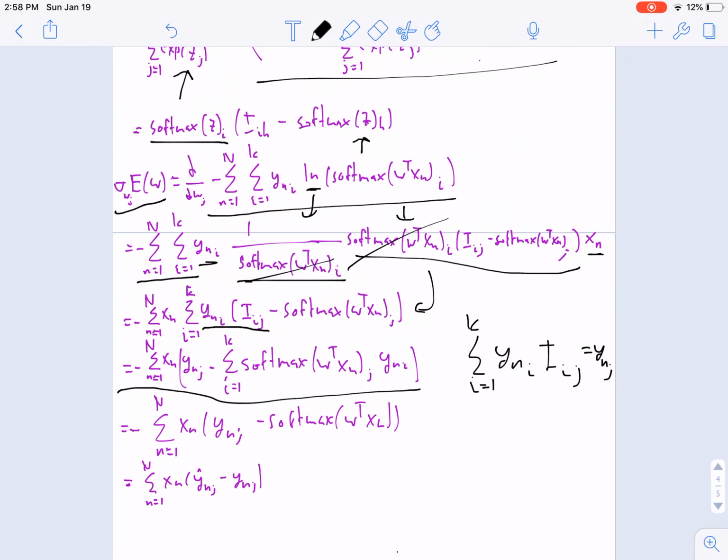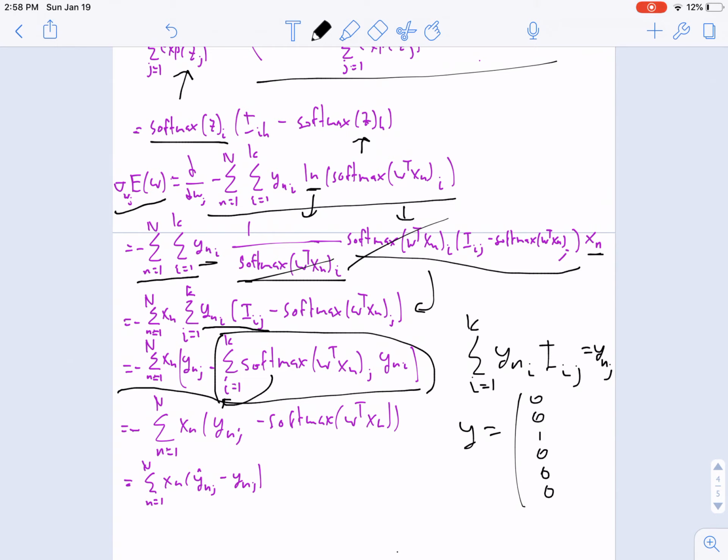And so now we want to evaluate this second sum right here. And we'll see that y is a one-hot vector, right? So it's like a bunch of zeros, and it's only one once. So softmax of wtxn is actually not dependent on i, so we can just pull that out.